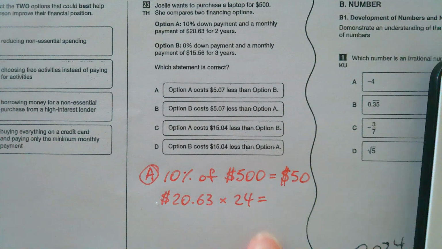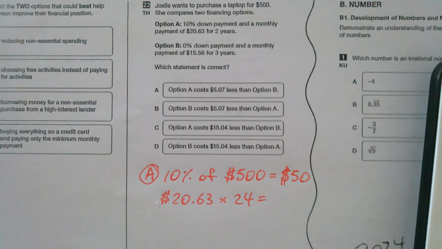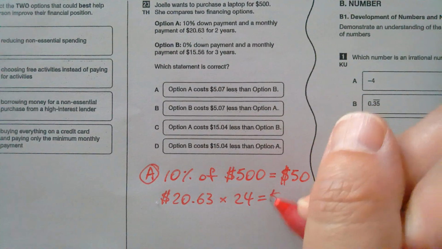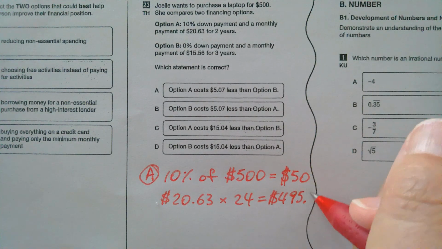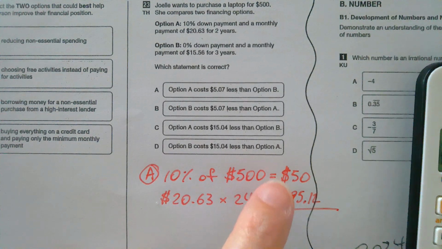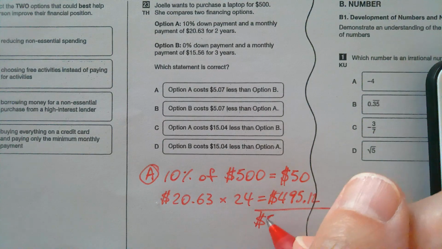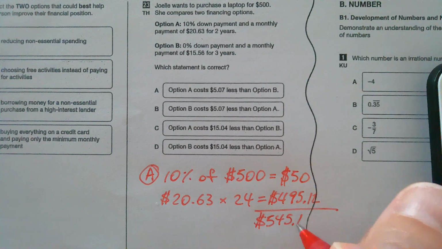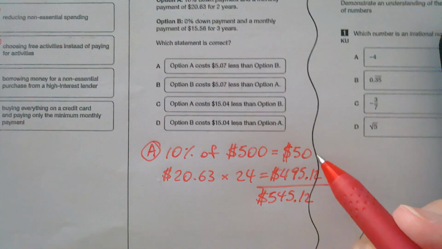So when you times it, 20.63 times 24, you get 495.12. Don't forget to add your down payment because that's how much you did pay. So $545.12 in total. Okay, so a lot of people forget about the down payment after they calculate it.